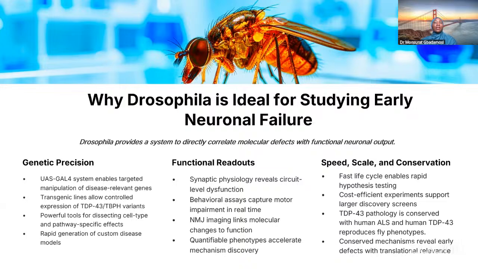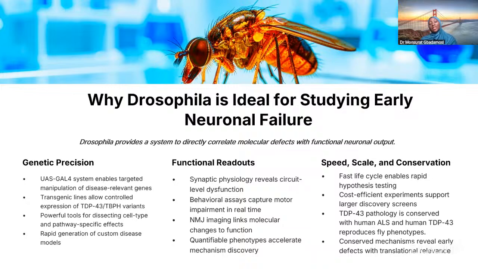And this hallmark protein of ALS is TDP43. TDP43 is what it is called in humans. In fly, we call it TBPH. TDP43 is TAR DNA binding protein 43 kilodalton, and TBPH is TAR DNA binding protein homolog. So in this talk, I might say TDP43, I might say TBPH.